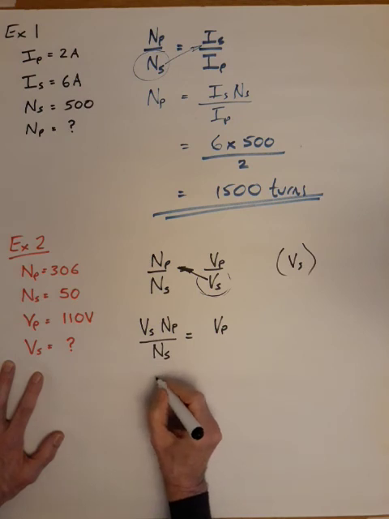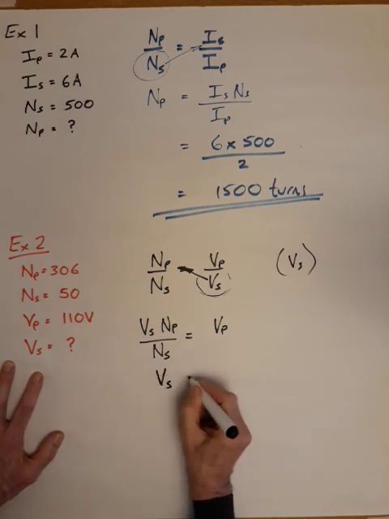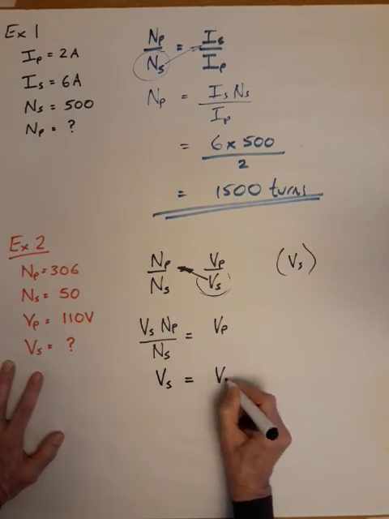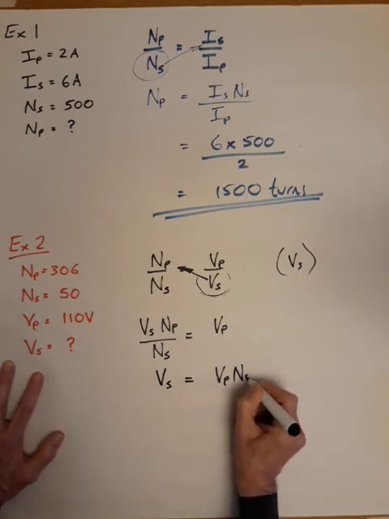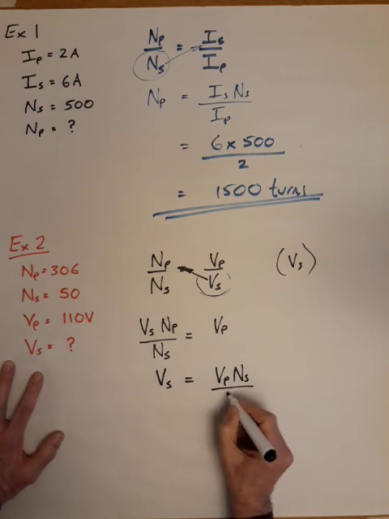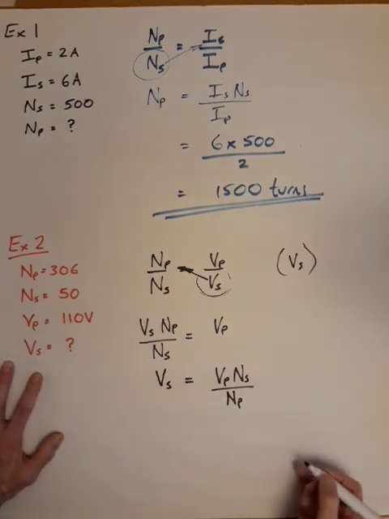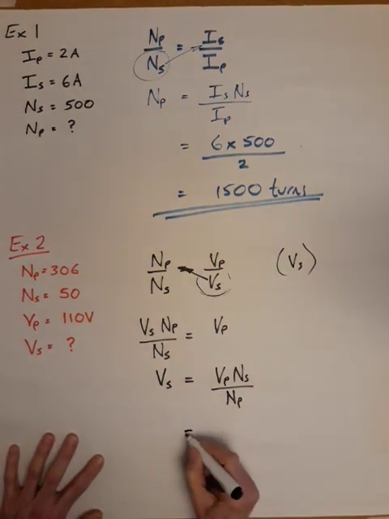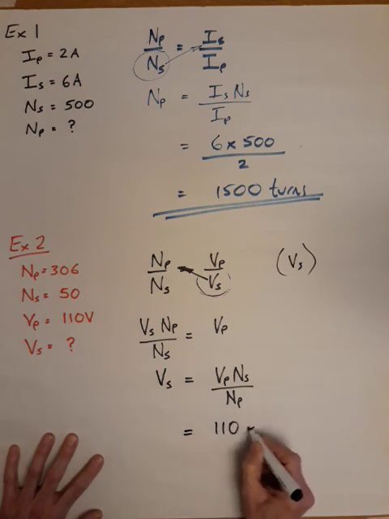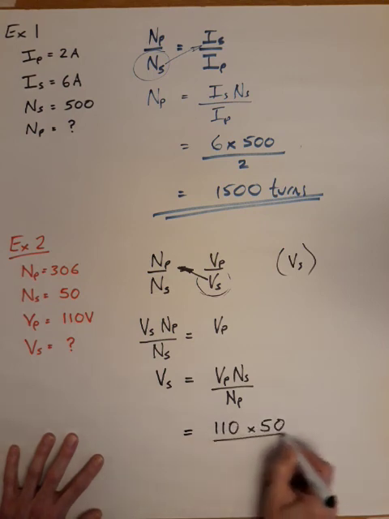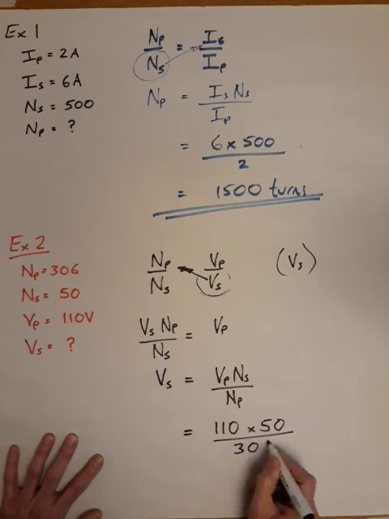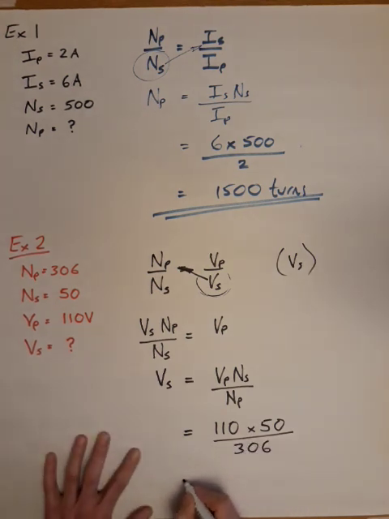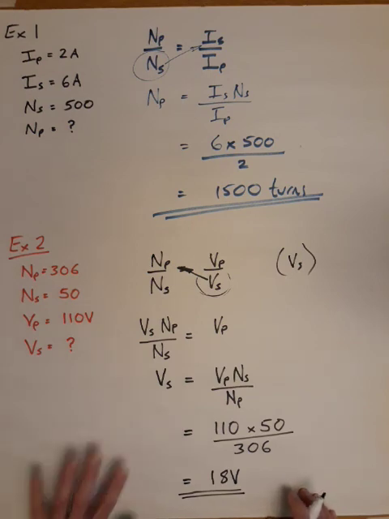So that will give us Vs equals Vp Ns over Np. At this point you can put your numbers in. 110 times 50 over 306, and that comes to 18 volts. Hope that lot makes sense. Have a go at the questions on the handout.